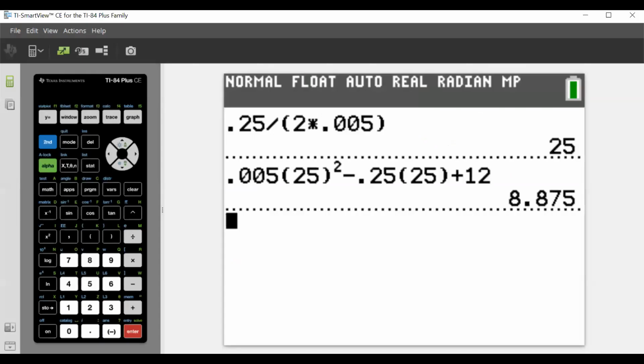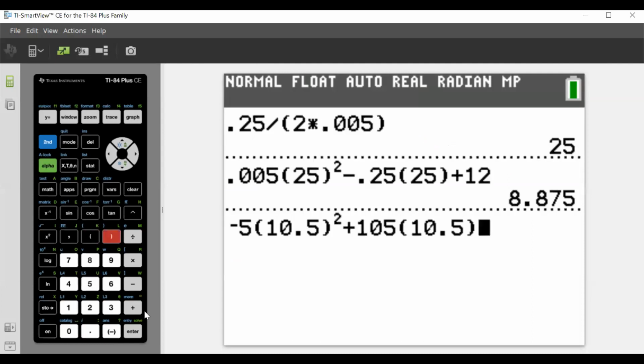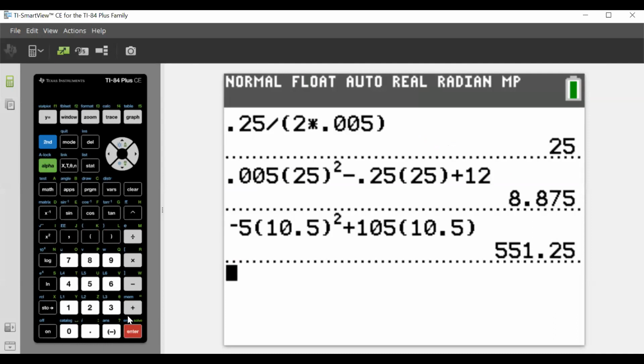And so we have -5 times, let's do 10.5 first, squared, and then plus 105 times 10.5. And so that's 551.25. So that would be our ideal case scenario.